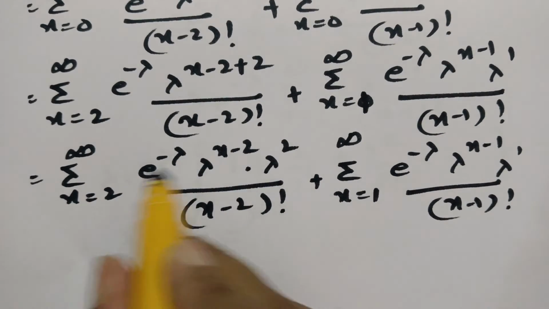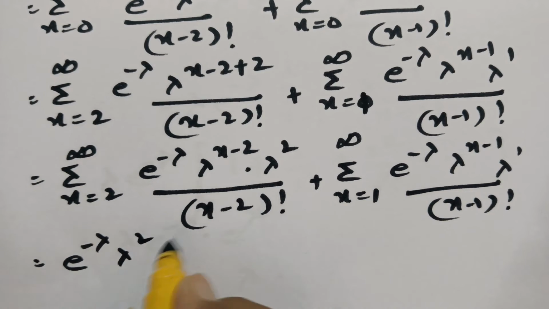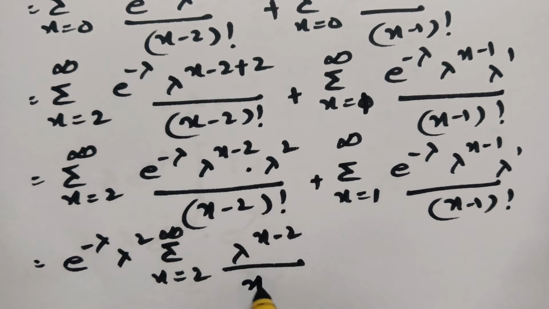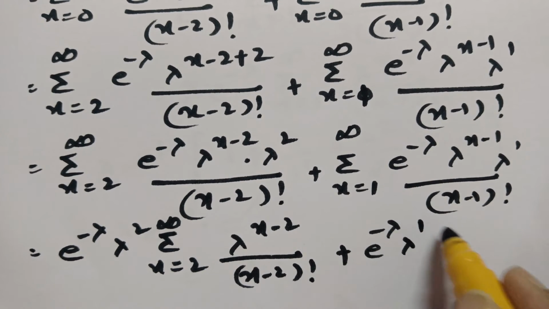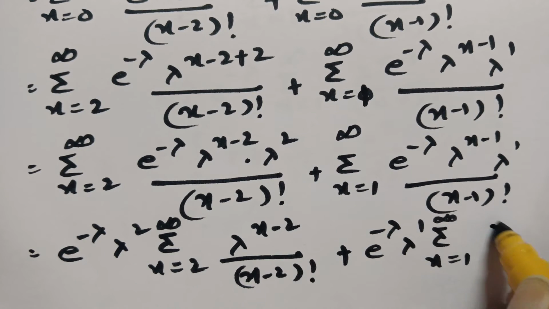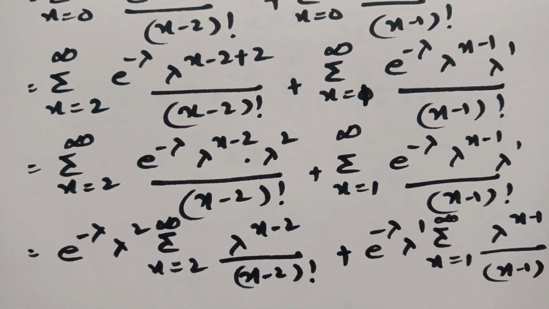Now I am sending these constants outside, that is e power minus lambda, lambda square, sigma x equal to 2 to infinity lambda power x minus 2 by x minus 2 factorial. And here, e power minus lambda, lambda power 1, sigma x equal to 0 to infinity lambda power x minus 1 by x minus 1 factorial.